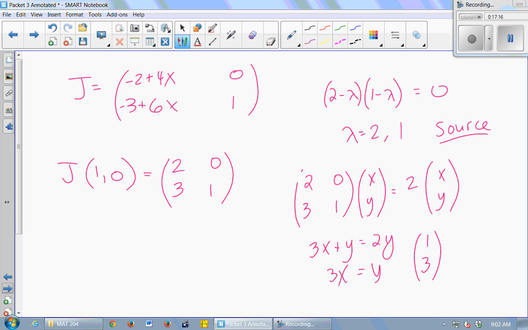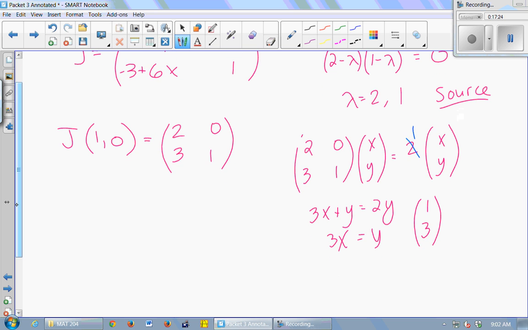Then I just solve the same equation, but replace the lambda with a 1. So 2x has to equal x, if you look at the first row. And that only happens when x is 0.